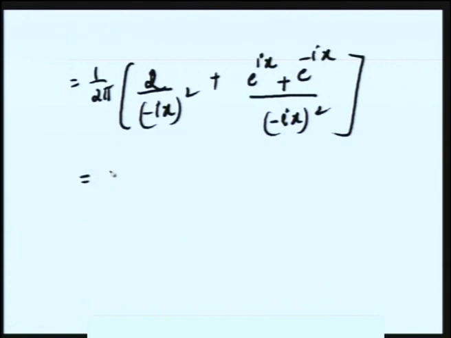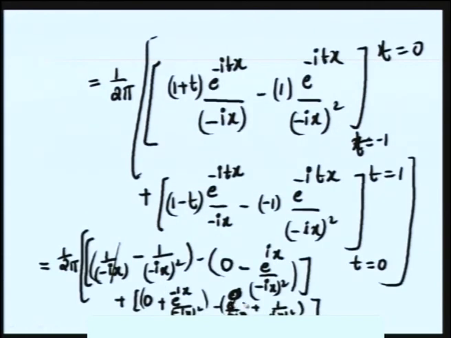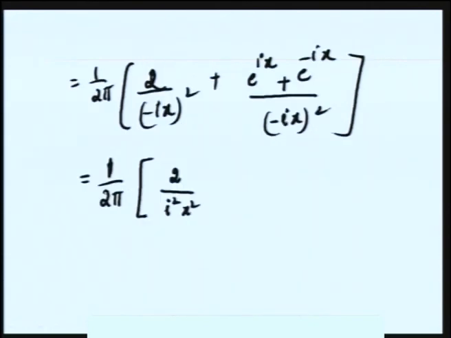This is 1 by 2 pi, 1 by 2 pi, 2 divided by i square x square. It is minus 2 plus 2 cos x by i square x square.